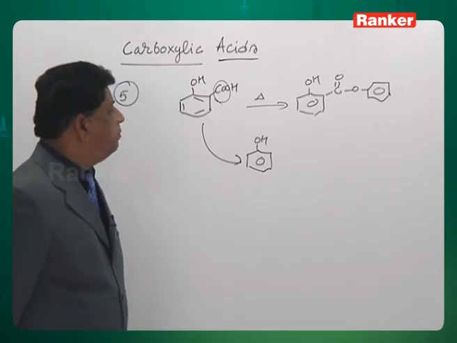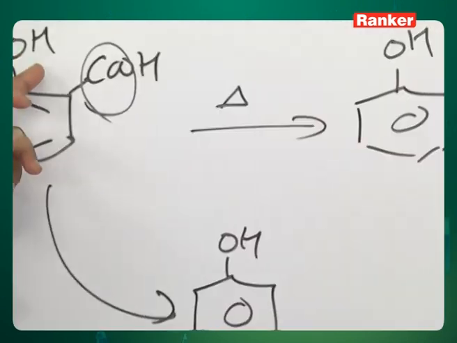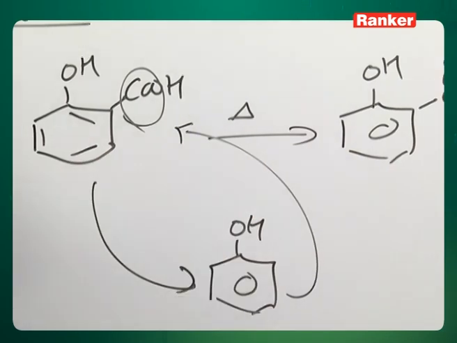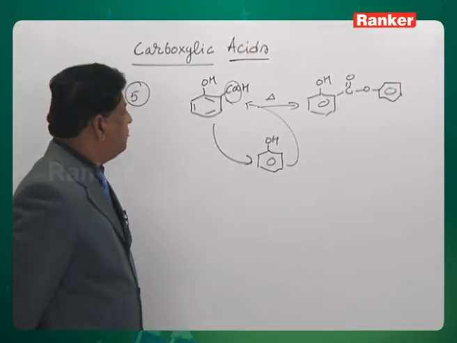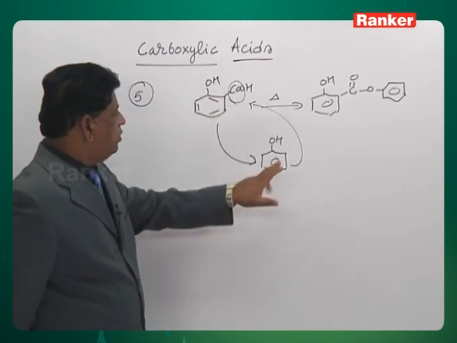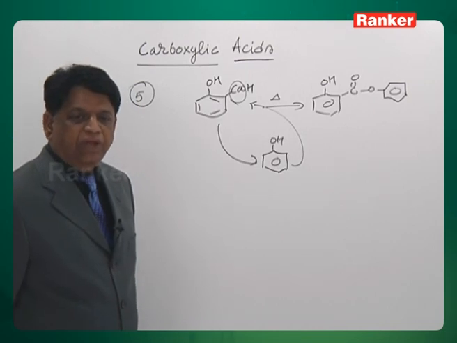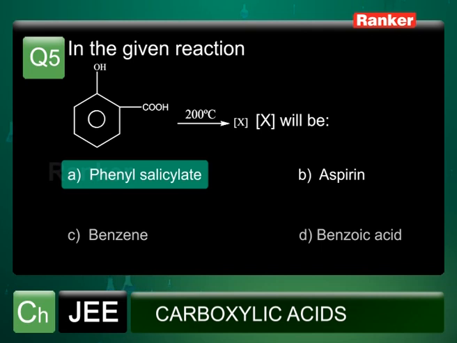So, it may be prepared by this particular reaction. Heating the salicylic acid alone, it partly gives this one and this again undergoes esterification with this one. So, two molecules are participating in this reaction. If phenol alone is there, we too can go for that option, but phenol is not given. So, therefore, phenyl salicylate, answer A is the right answer.